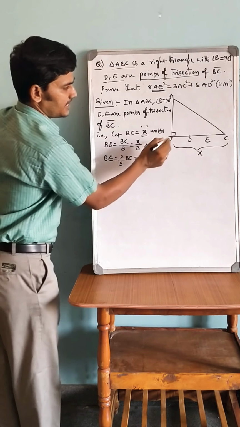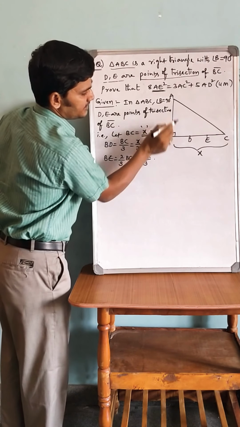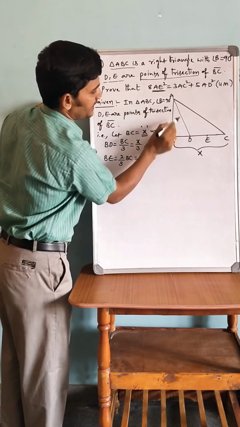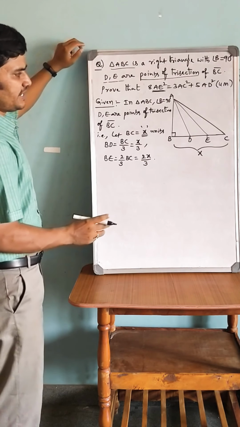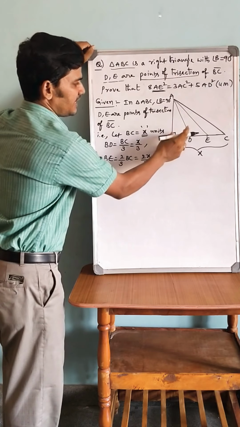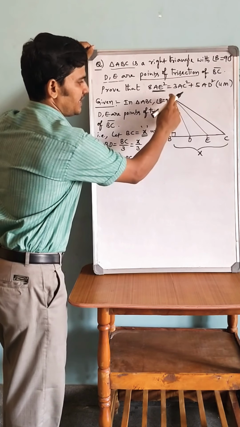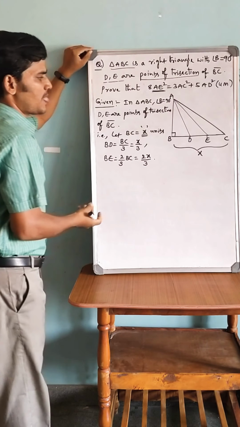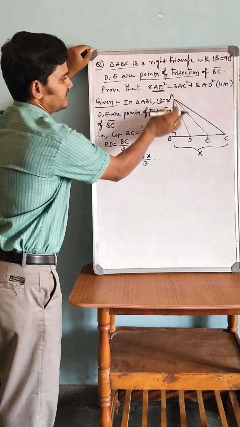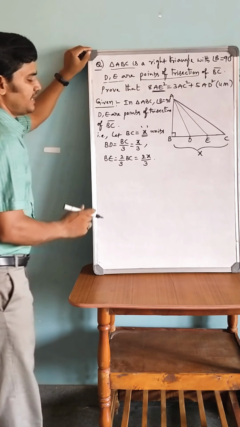Now let us draw the segments AD and AE. Clearly, one can easily observe three right triangles, ABD, ABE and ABC. Now it is our duty to apply the Pythagoras theorem for these three right triangles.